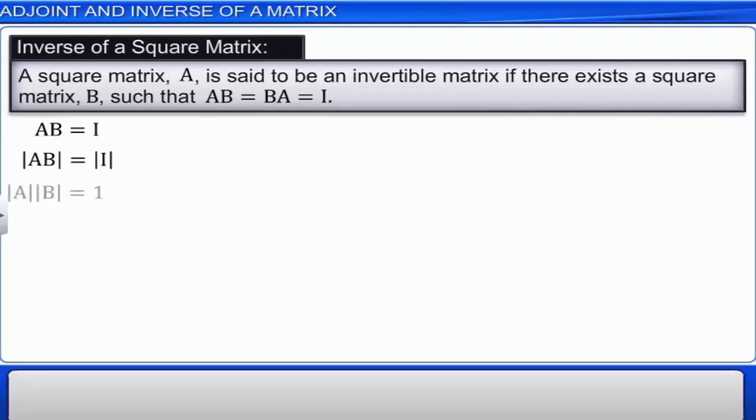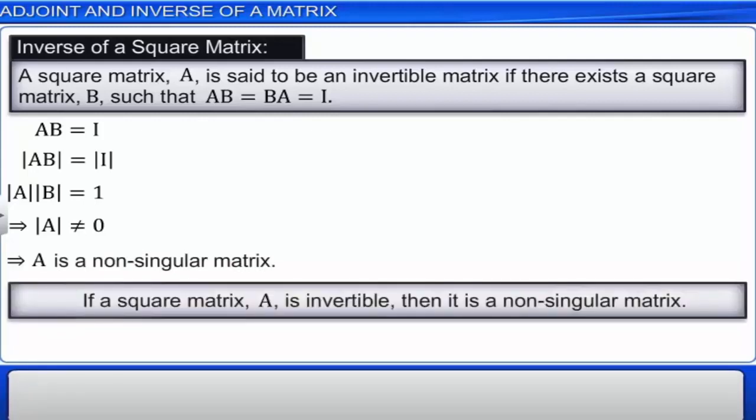This implies determinant of A is not equal to 0, or A is a non-singular matrix. This leads us to a result that if a square matrix A is invertible, then it is a non-singular matrix. The converse of this result also holds true.